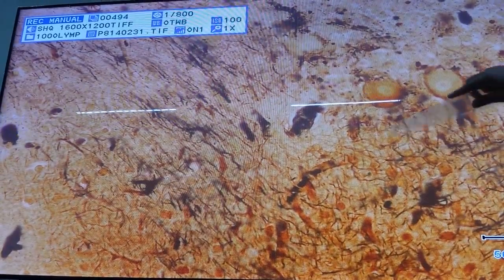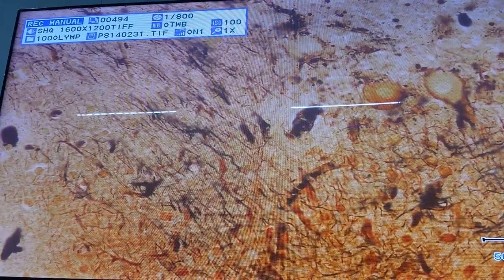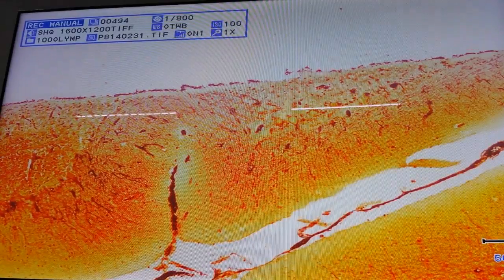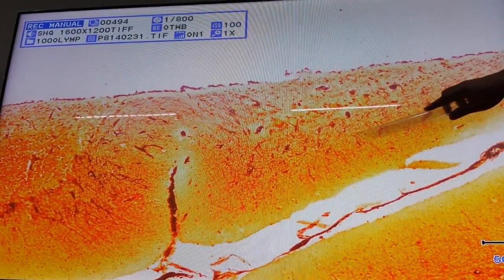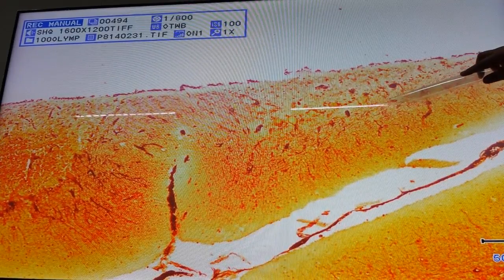So you have the dendritic processes. This would be in the area of the molecular layer, the Purkinje dendritic processes.